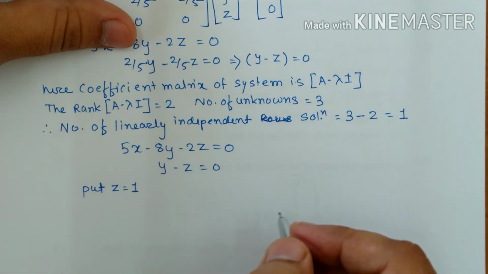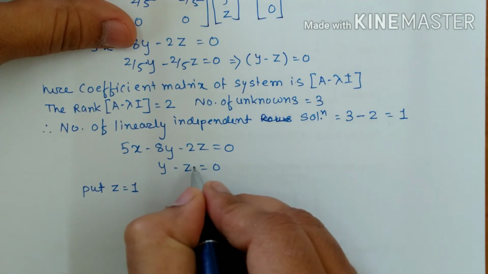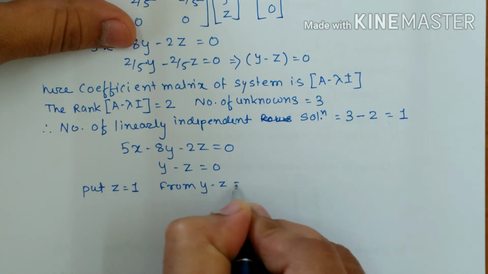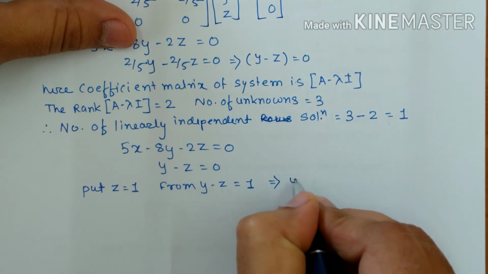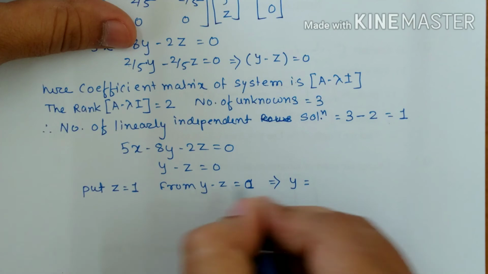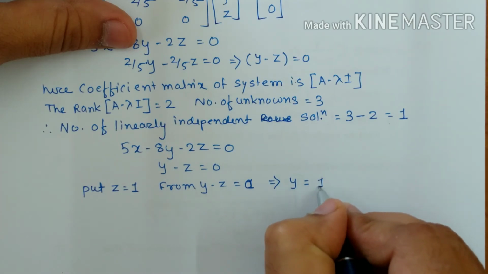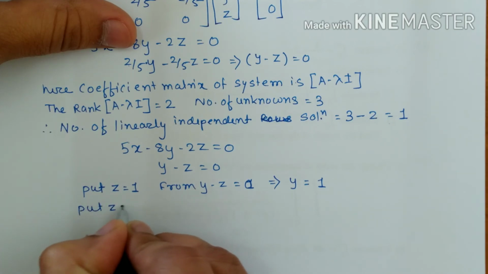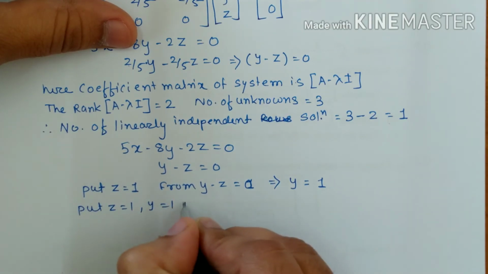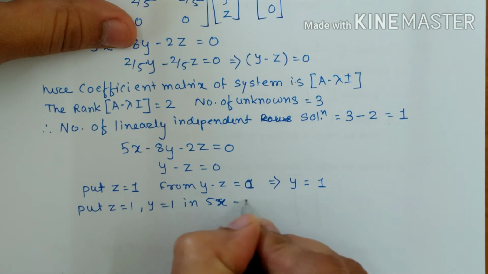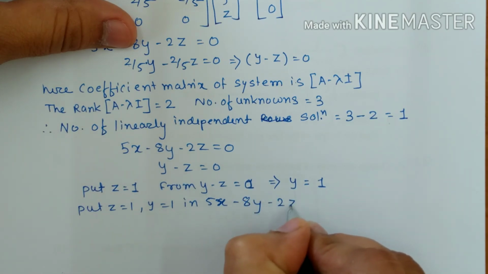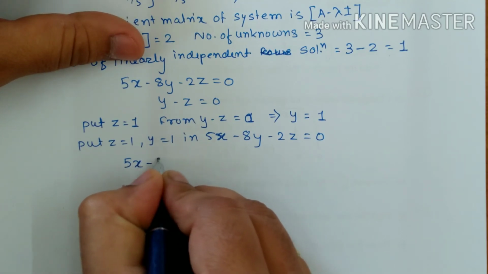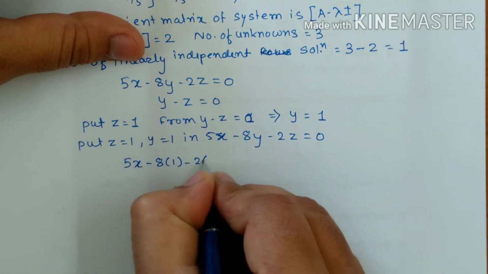So put z is equal to 1. When I substitute z is equal to 1 in the second equation, we get y is equal to 1. Now put z is equal to 1 and y is equal to 1 in 5x minus 8y minus 2z is equal to 0, which gives me 5x minus 8 into 1 minus 2 into 1.